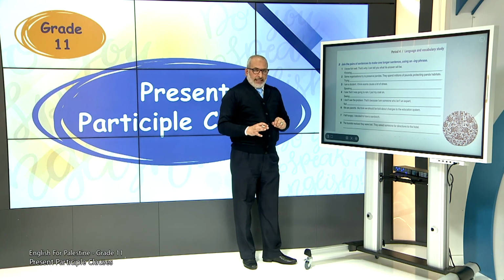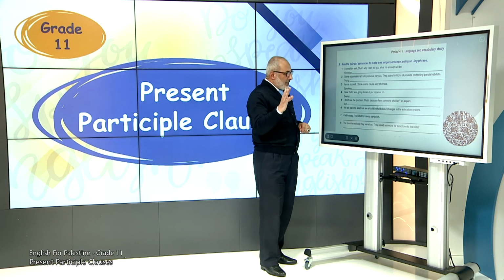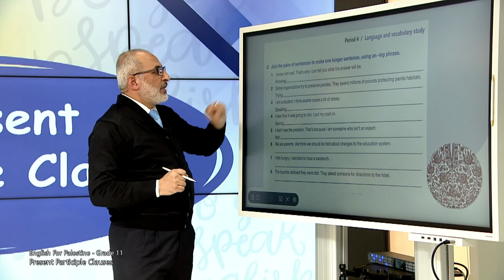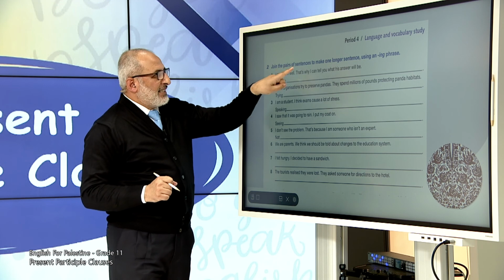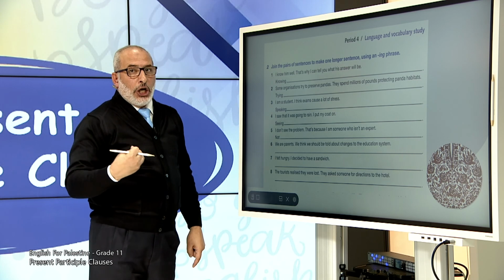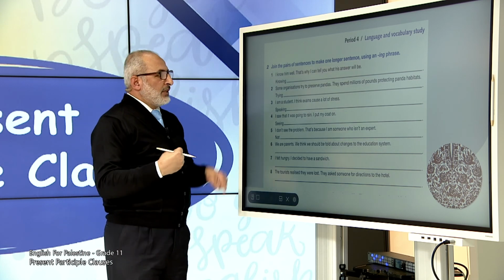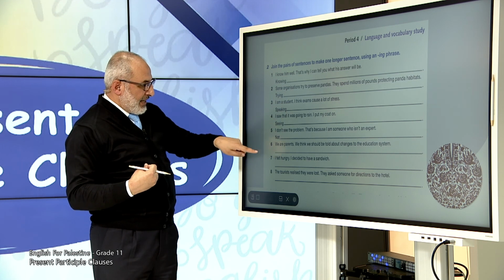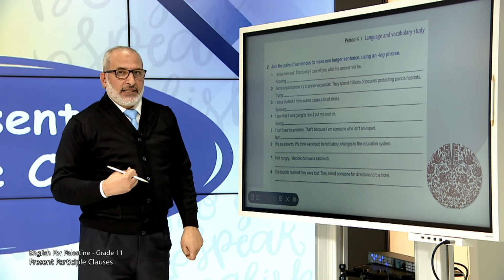Now I want you please to open your books and do this activity. It is in period 4. Join the pairs of sentences to make one longer sentence using the ing phrase or the present participle clause. Here you are given 8 sentences.